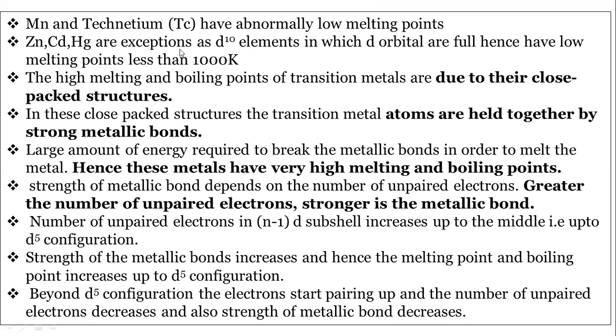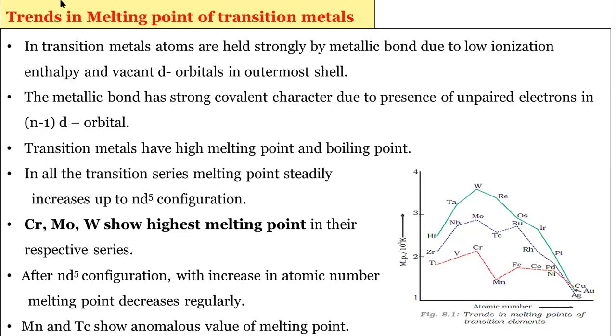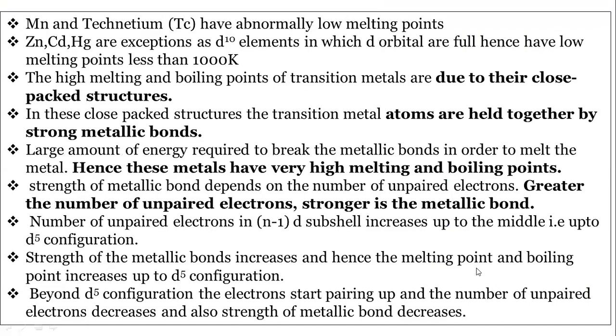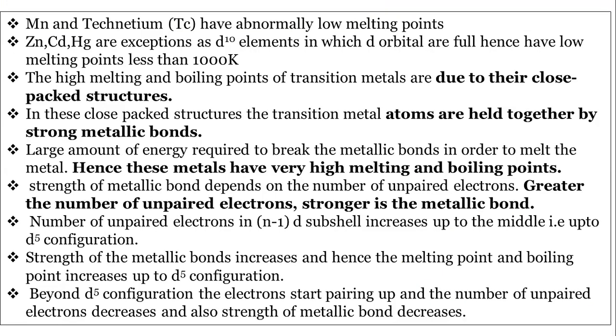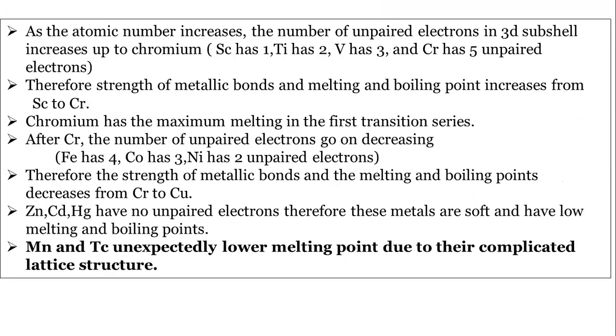For understanding the melting point, I have given detailed information, but for the board examination only read this slide. In this slide all the information is given on why the melting and boiling points decrease after chromium. For students who didn't understand this slide, I have given this detailed information on how the number of unpaired electrons decreases and how the melting and boiling points decrease.